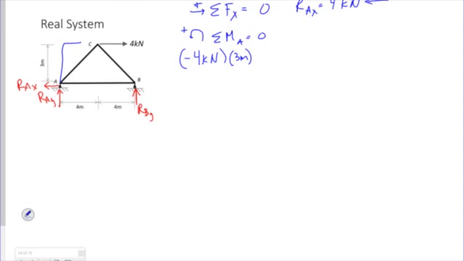Then RBY acting at 8 meters counterclockwise, so it's positive, and that equals 0. RBY is 4 times 3 divided by 8, which is 1.5.